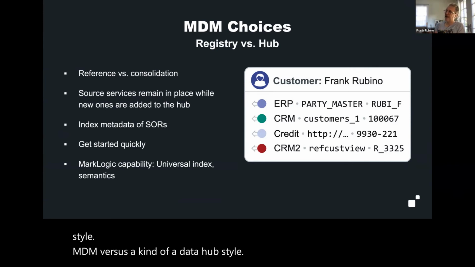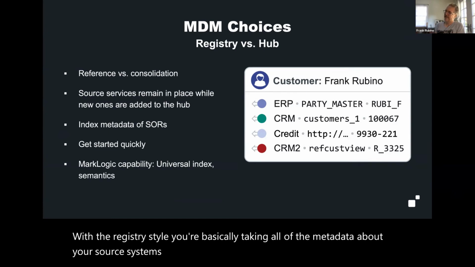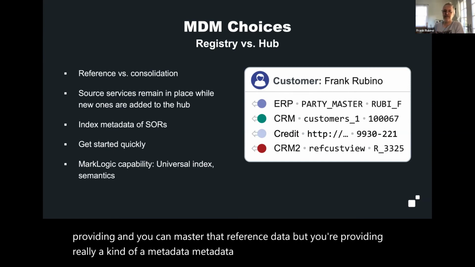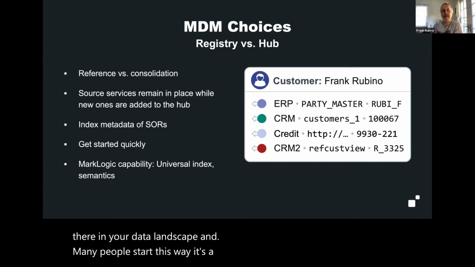With a registry style, you're basically taking all of the metadata about your source systems of record and pushing that into the MDM system, and you can master that reference data, but you're providing really a metadata view, a read-only view of what's out there in your data landscape. And many people start this way. It's a quick way to get going.